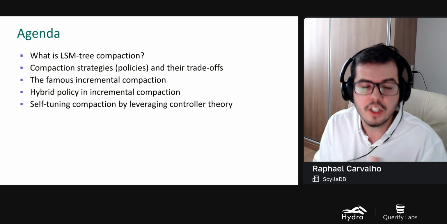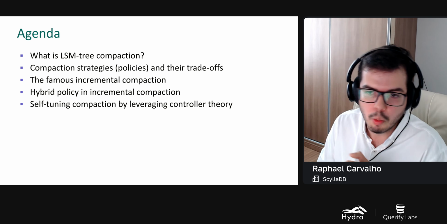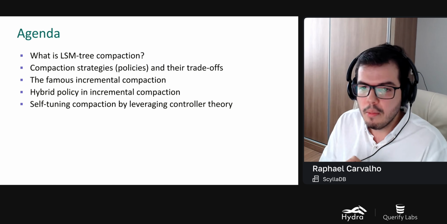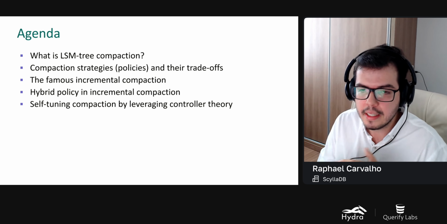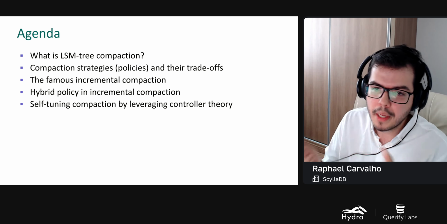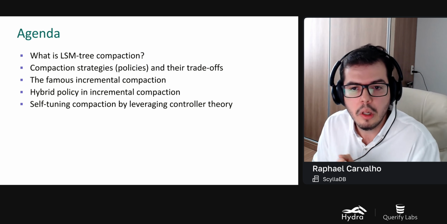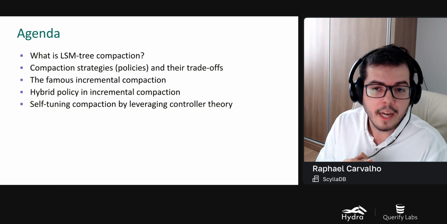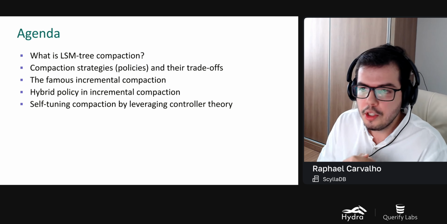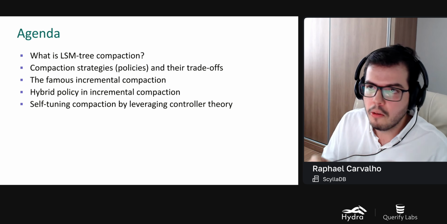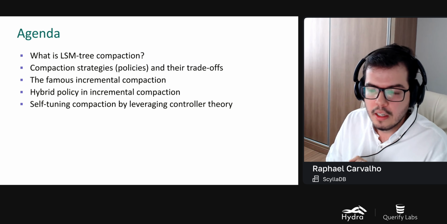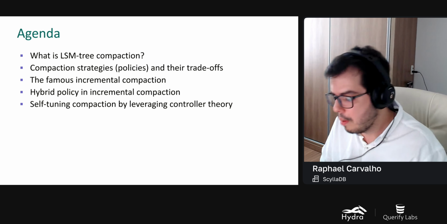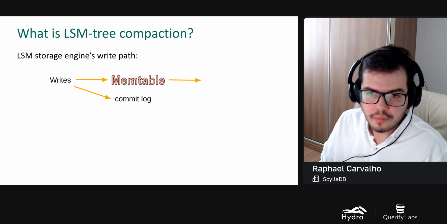We have to find the best one for your particular workload. The famous incremental compaction, the hybrid policy, incremental compaction, which is going to be good for overwrite-intensive workloads, and self-tuning compaction. It's basically to save the DBA from being stuck in an endless tuning cycle. I'm going to talk more about that later.